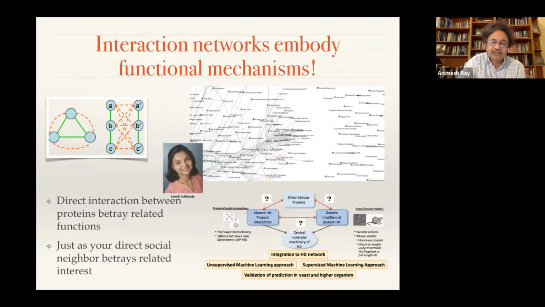So Sonali started in my lab several years ago, and her starting point was to put together the databases of such interactions of genes and proteins, and to some extent genes and proteins that we know in the Huntington's disease affected organisms, either normally in mouse or abnormally in experimental organisms which don't have sophisticated brains, such as yeast.